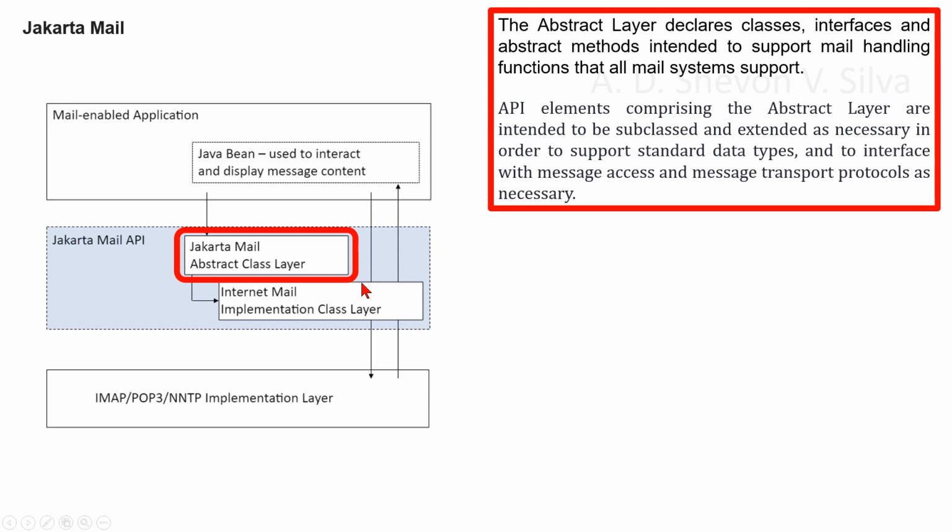API elements comprising the abstract layer are intended to be subclassed and extended as necessary in order to support standard data types and to interface with message access and message transport protocols as necessary.